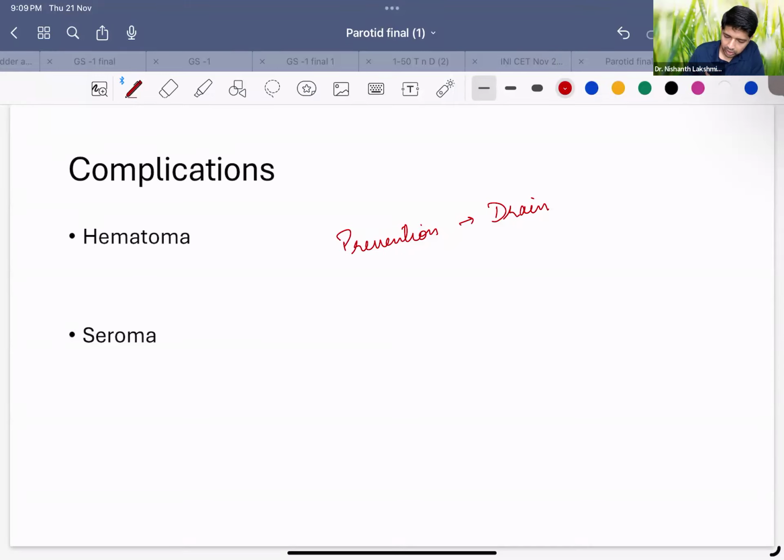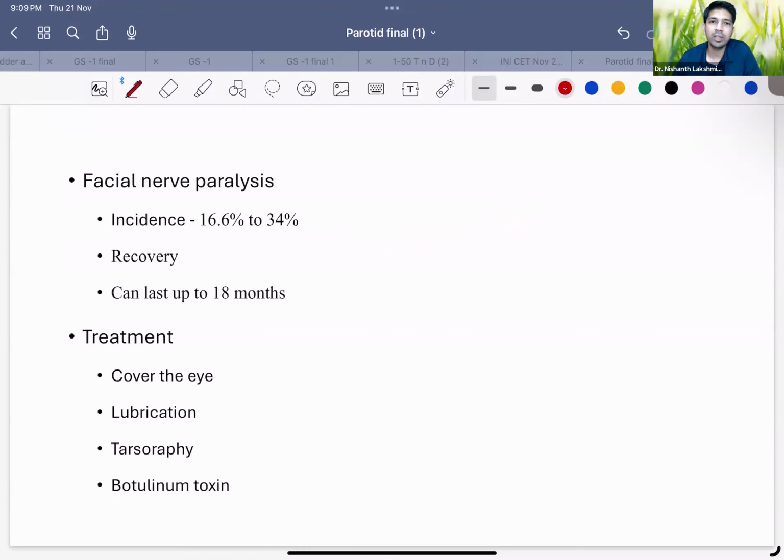But what we are all, to be very honest, concerned about is the risk of facial nerve paralysis or facial nerve injury during surgery. Most of the time, if you are able to trace the nerve and define all the branches, the risk of permanent injury is very rare.